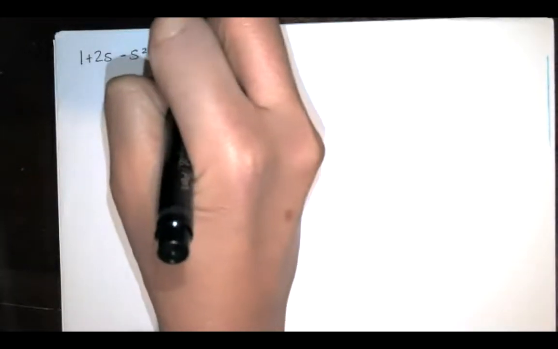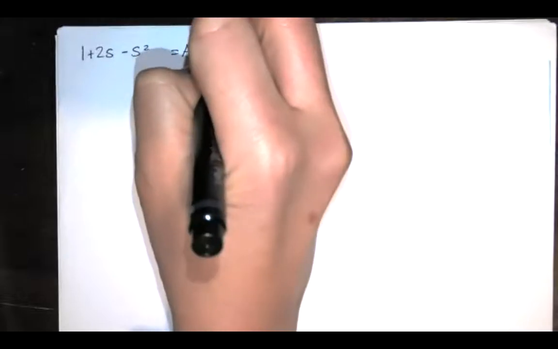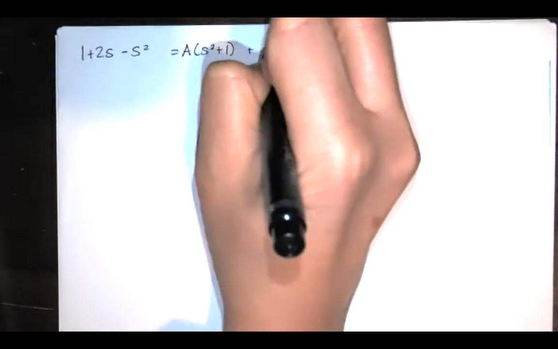We have 1 plus 2s minus s squared equals a times the quantity s squared plus 1, plus bs plus c times the quantity s minus 1.